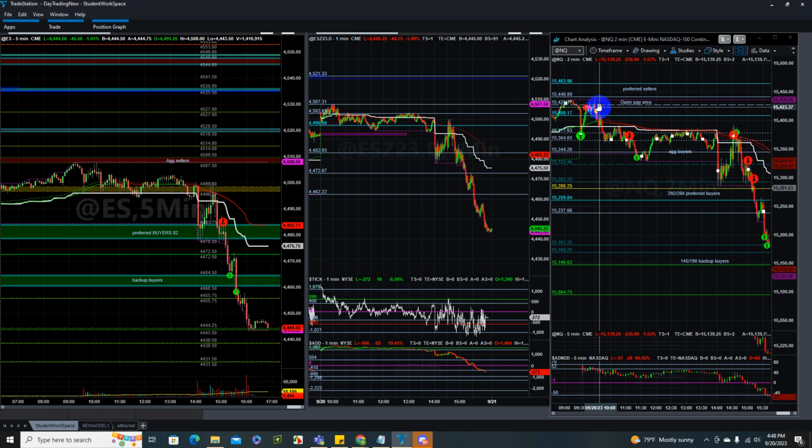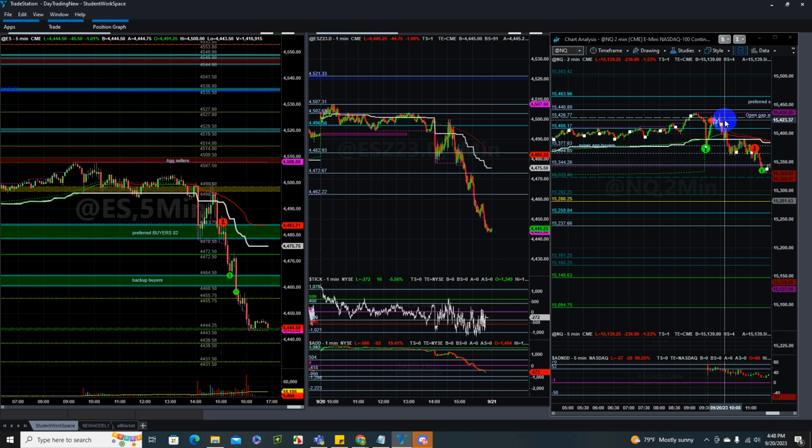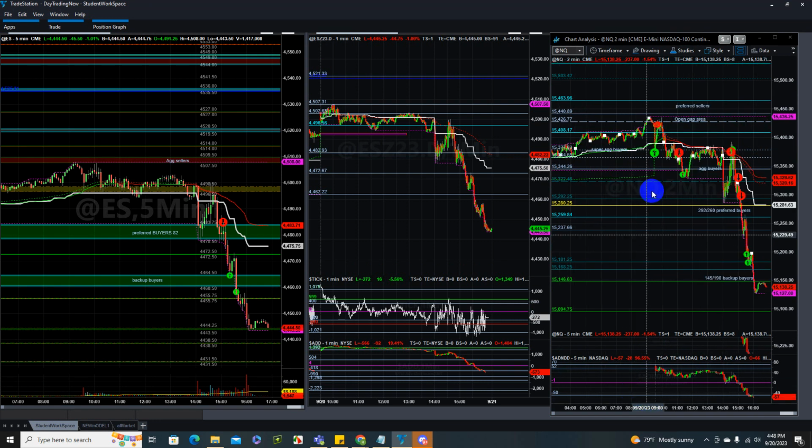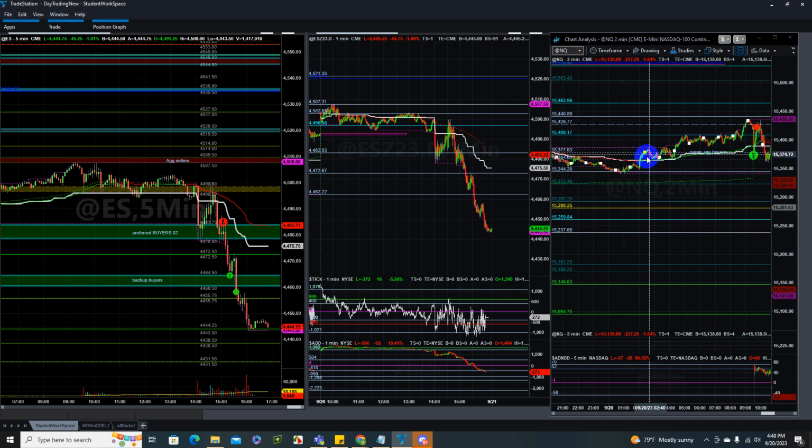Because there are multiple reasons actually. First of all, today is FOMC, so we are looking at neutrality, correct? So price can rotate both ways before 2 p.m., or it can go one way, and after 2 p.m. it can go opposite. Possible.